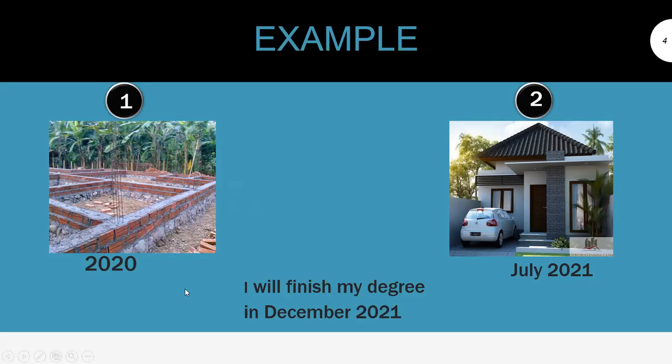And then I am also planning that I will finish my degree in December 2021. So now July 2021, December 2021. What will happen with my house by the time I finish my degree in December 2021?